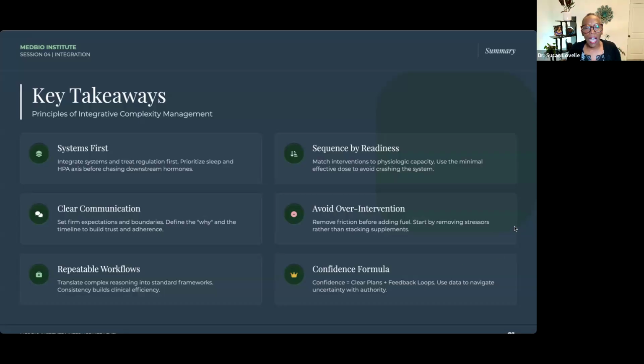And then the confidence formula to remember: confidence is clear plans plus a feedback loop, which means they understand what they're doing and why they're doing it, and you're checking back to make sure that they are hitting those levels that they need to before they go on.